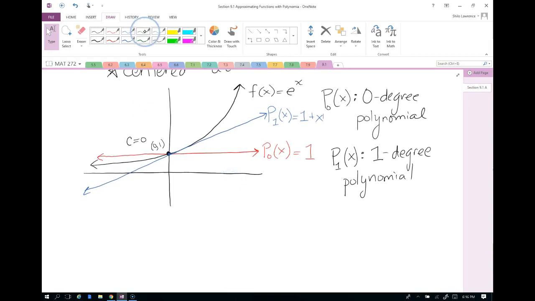And just for the sake of it, I'm going to do one more. If I wanted to find a 2nd-degree polynomial, so I'm going to say p sub 2 of x is a 2nd-degree polynomial that matches up with e to the x.